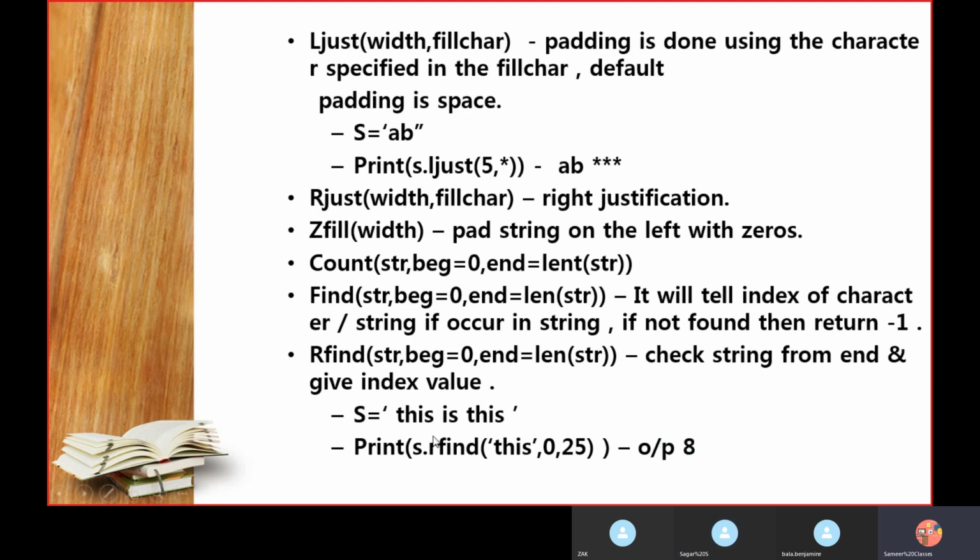So I have written rfind. The find method is used to find the index number. So I have written rfind, then what will happen? It won't consider this one. It will give me the index value of the second t. It comes from the right hand side.